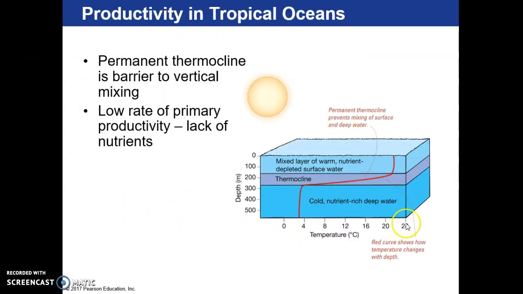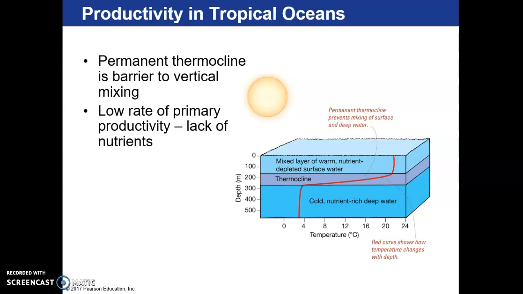In our tropical areas, we have this really steep thermocline. So it's really warm at the surface, and then at a certain depth, it drops off really suddenly. And then now we have this cold nutrient water that's trapped. And so with that, you have that permanent thermocline, and that acts like a barrier or a wall between your surface water and your cold nutrient rich water.